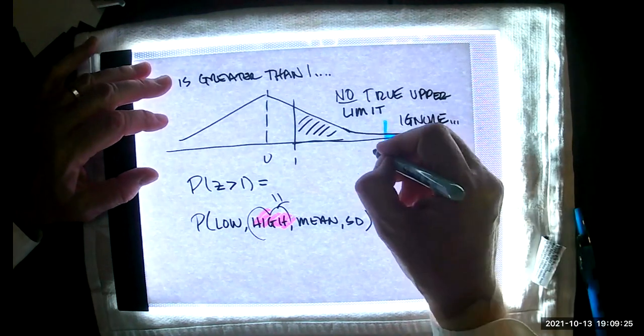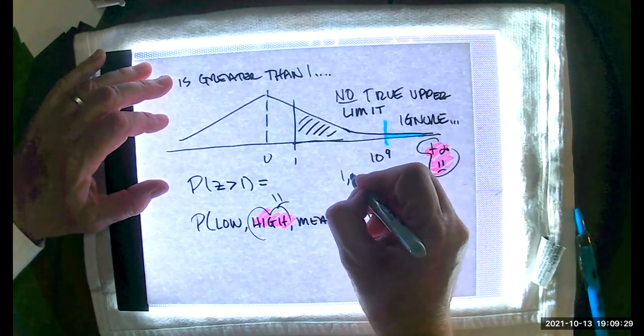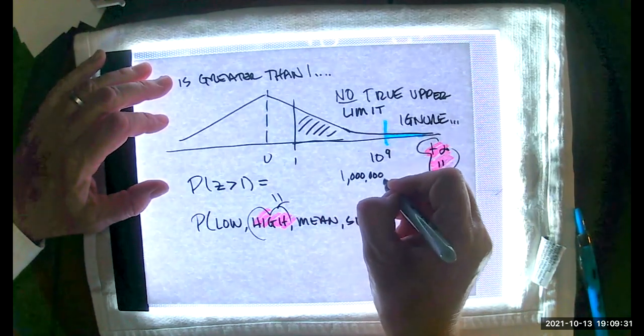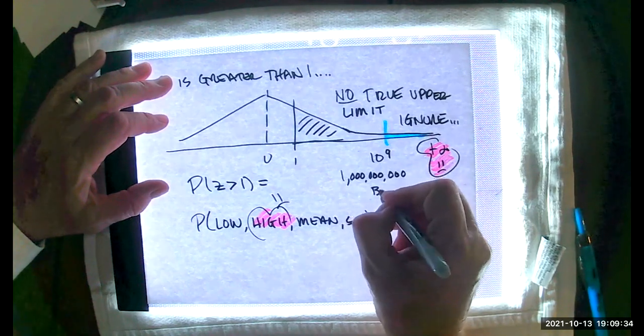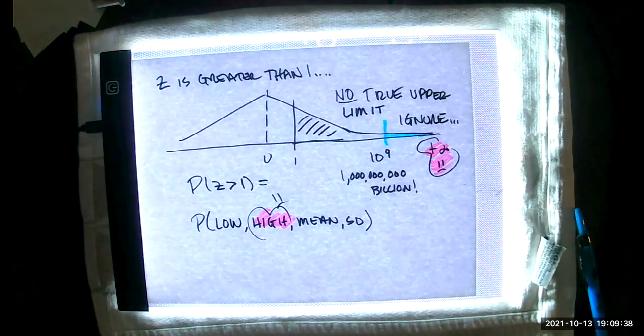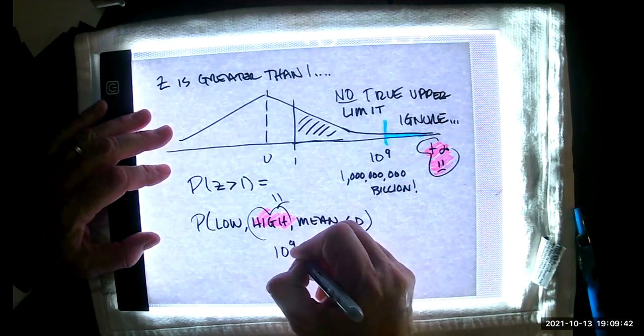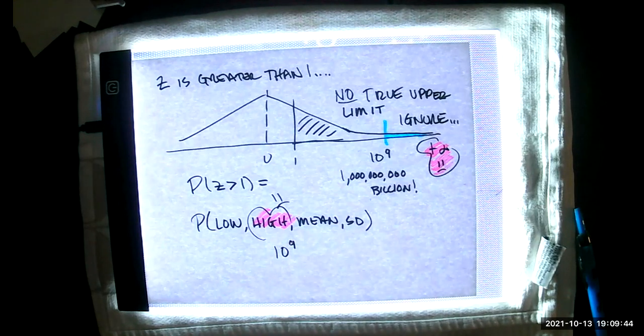Usually I pick a humongous number like 10 to the 9th. That is 1, 2, 3, 1, 2, 3, 1, 2, 3. It's a billion. So that's what I usually use when I have to pick an upper limit. So let me go ahead now and take a look at that on my calculator, and I'll be able to put it in there.